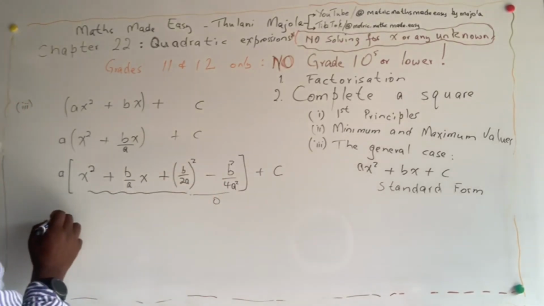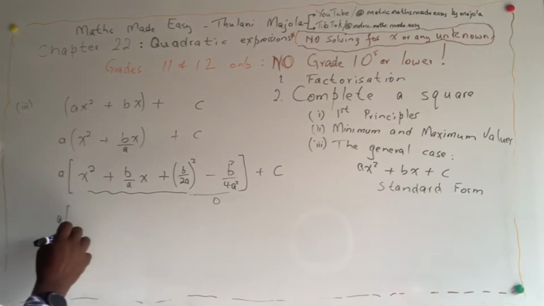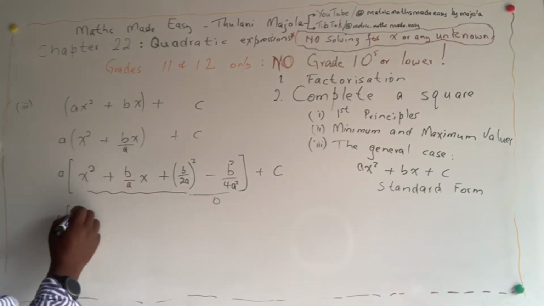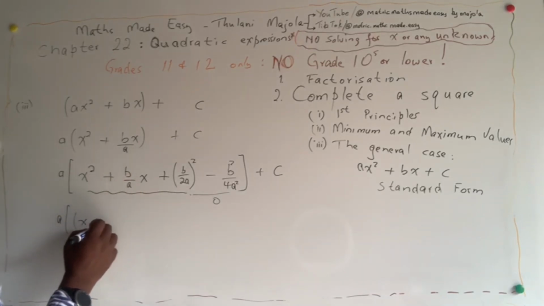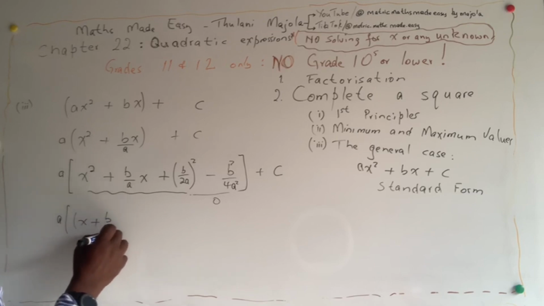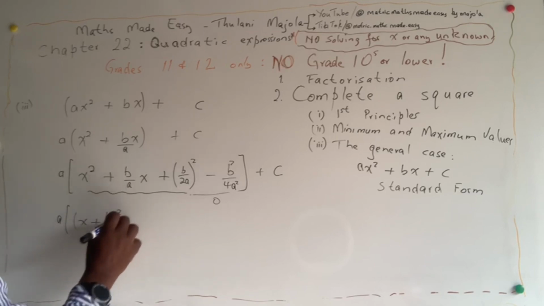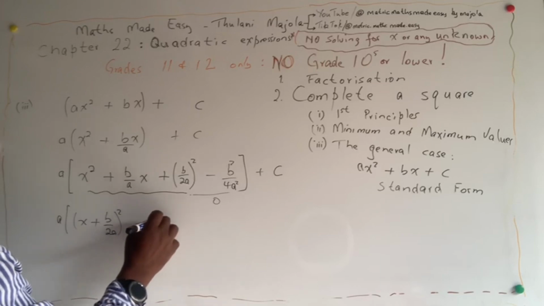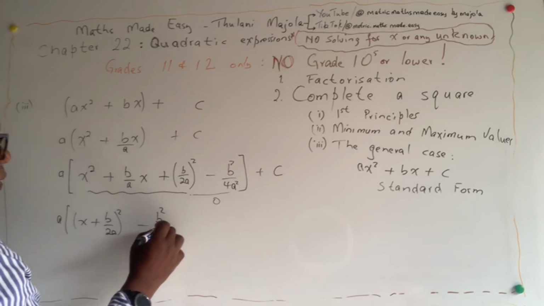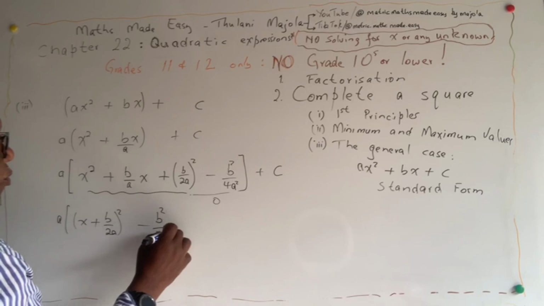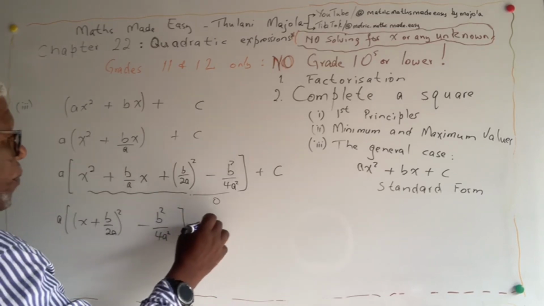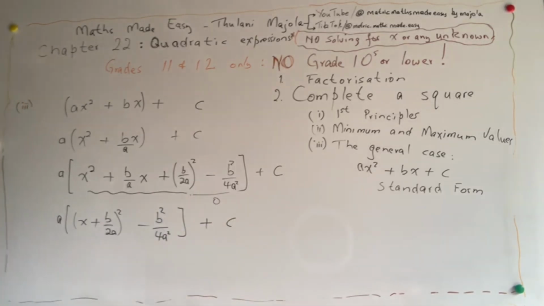So we've got a perfect square of x plus b over 2a all squared, minus b squared over 4a squared, plus c.